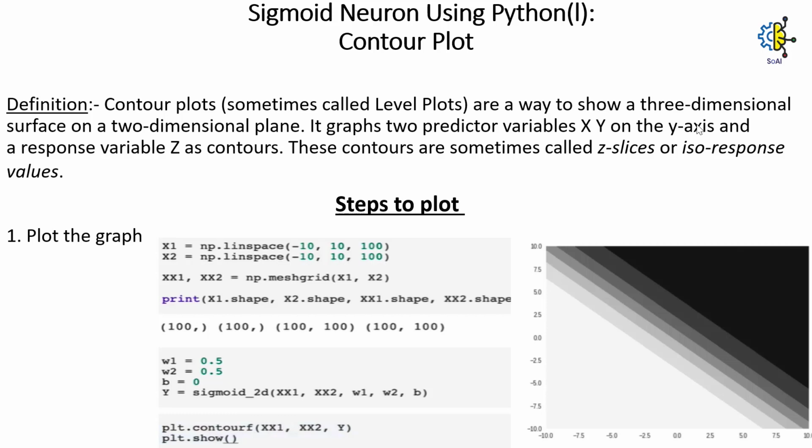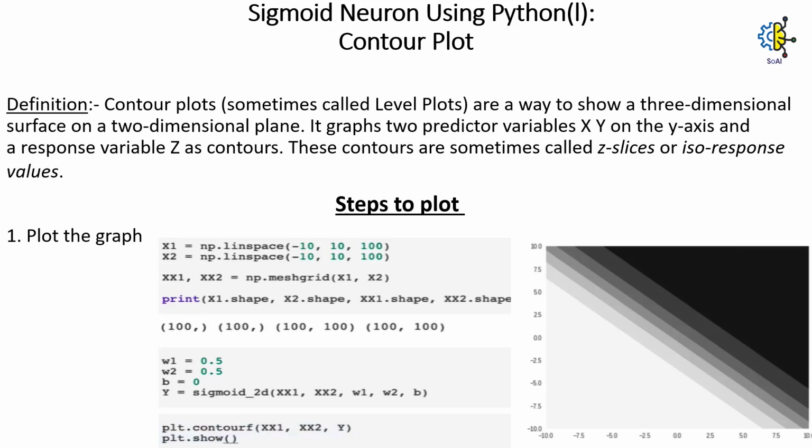The first step is to plot the graph, which is similarly x1 is equal to np.linspace function with values in it as -10, 10, 100 and similarly x2, and after that meshgrid function which will give the value of two variables xx1, xx2, and after that we are printing x1.shape, x2.shape, xx1.shape, xx2.shape, which will return this.